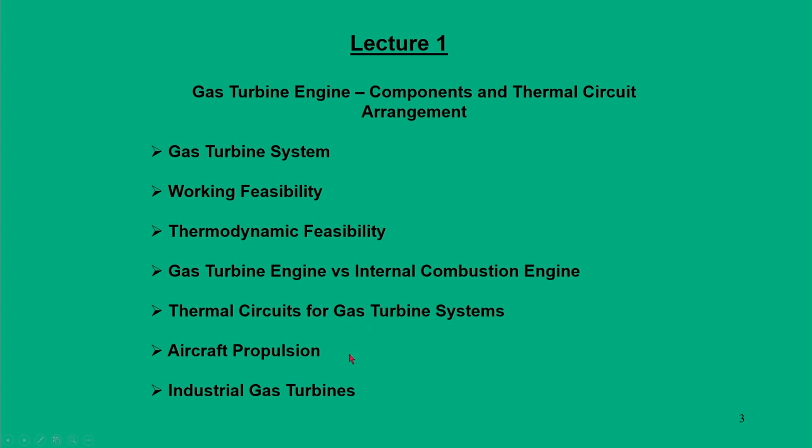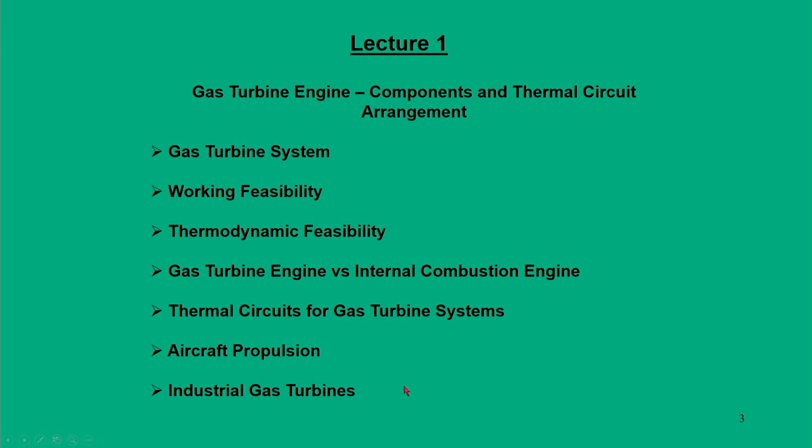And now we will give some introductory remarks on aircraft propulsion, how gas turbine engines can be useful to generate thrust. Then we will have industrial gas turbines. Industrial gas turbines are mainly intended for rigorous power generation. If you want to use gas turbine engines for a longer run, how the turbine concept should look.